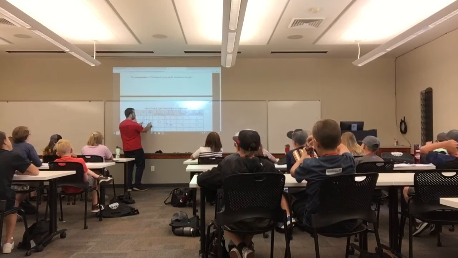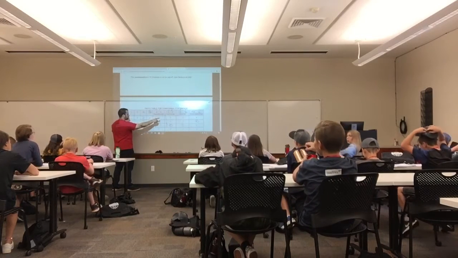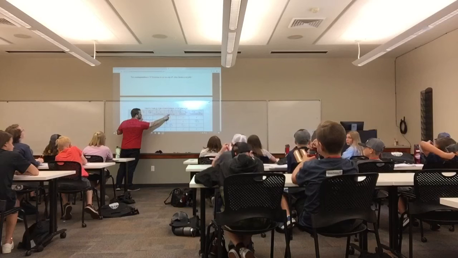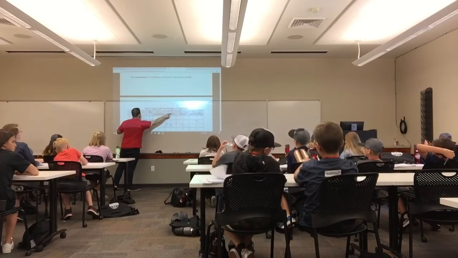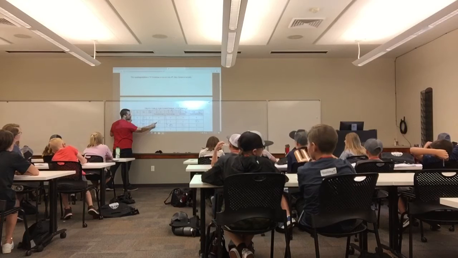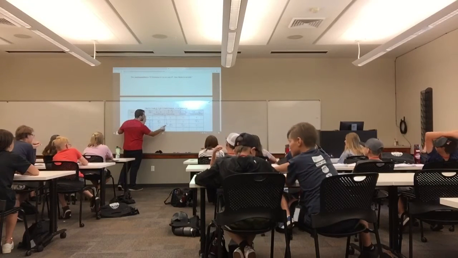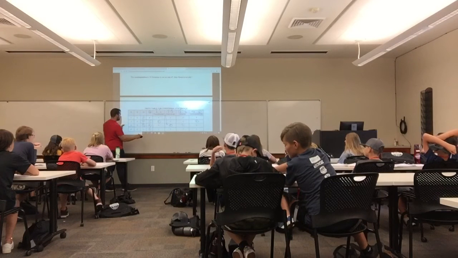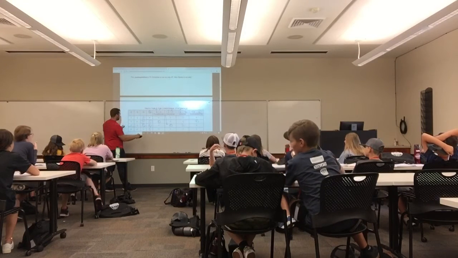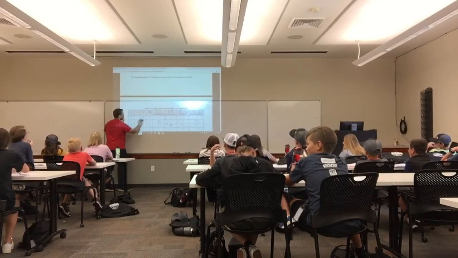Did I highlight that wrong? So we want Q to be true and P to be false: true, false, false. Oh, I looked at the wrong one. Oh, sorry, that's what you're seeing. It's on the second row down. I got too many arrows going on here.